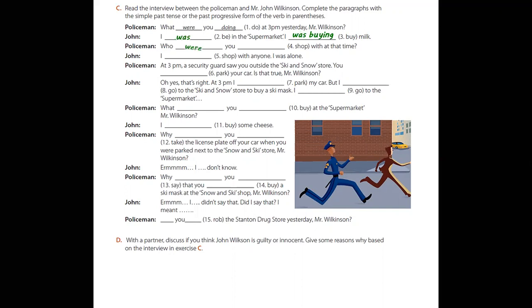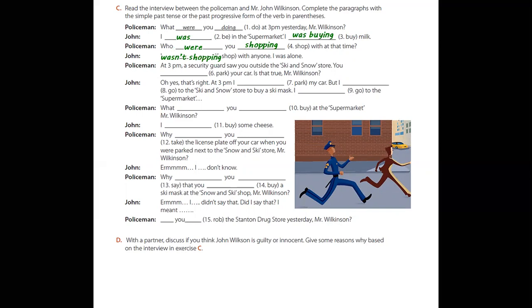Who were you shopping with at that time? I wasn't shopping with anyone. I was alone. So we should use the negative form of past progressive. Excellent. Wasn't shopping.